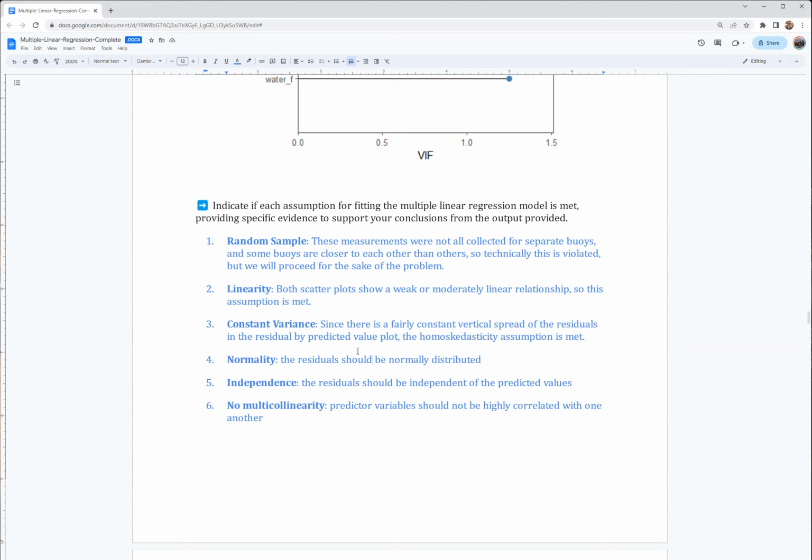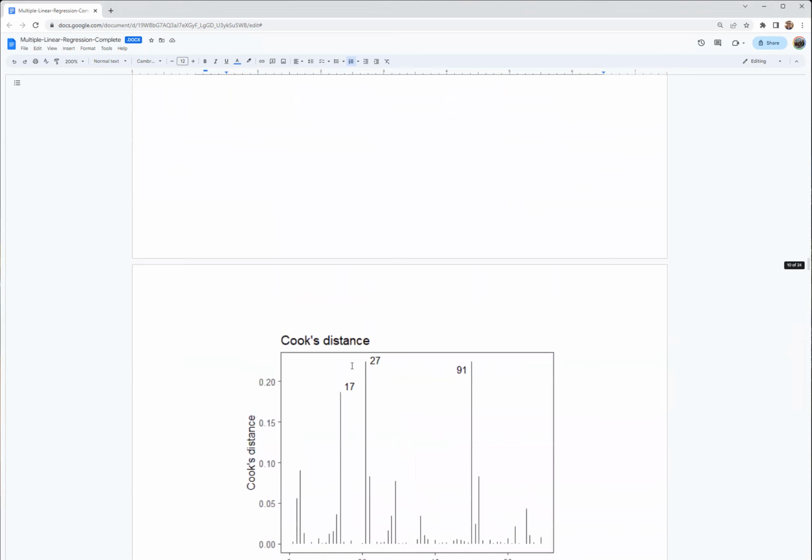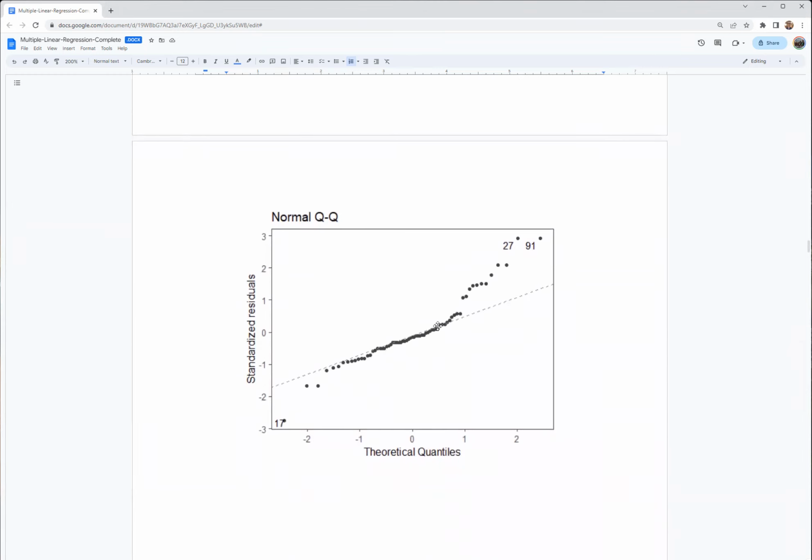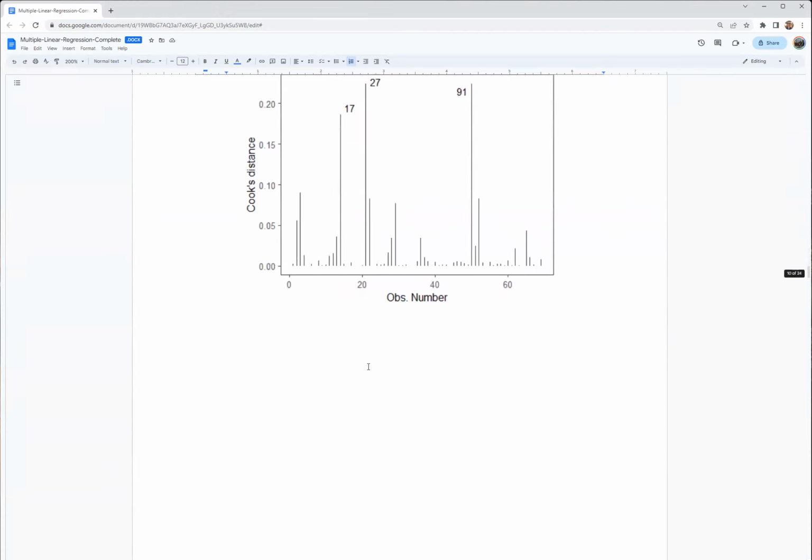So for checking normality, the next assumption, we want to look at the QQ plot. We want the QQ plot to have points that all pretty much fall along the diagonal dotted line here. It's okay to have some straying away on the ends a little bit, but not too much. Here, this looks pretty okay.